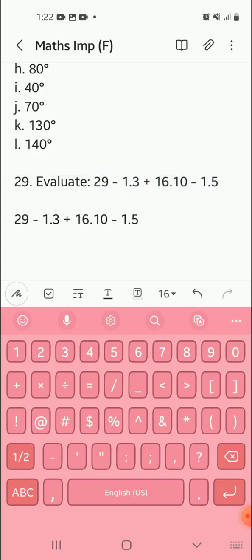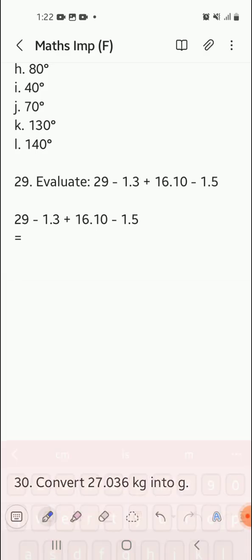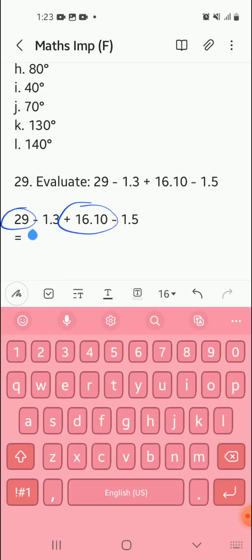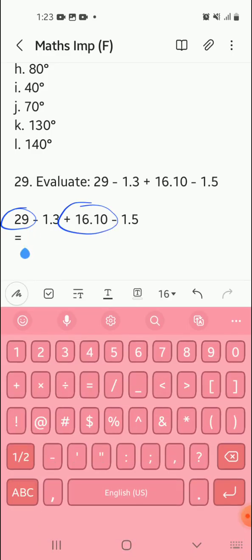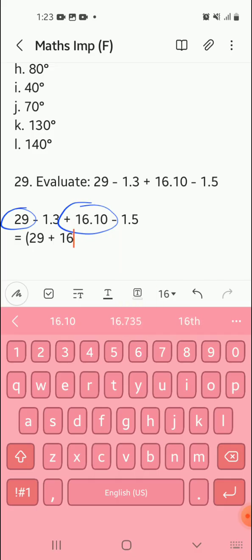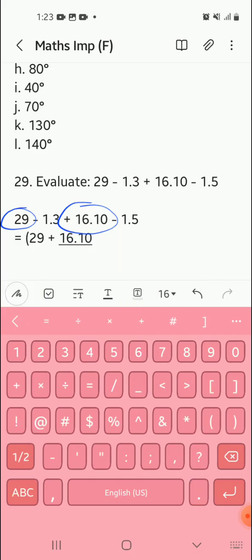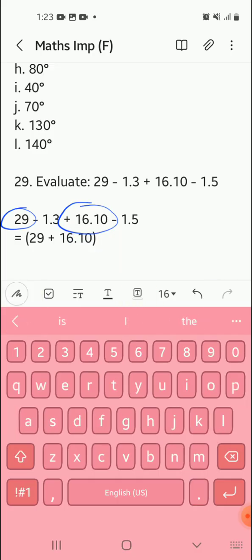Right, now we will add all the positive numbers. We have got two positive numbers, 29 and 16.10. These are the two positive numbers. So first we are going to add these two. So we will insert this into brackets, that is 29, and add this with 16.10. Whatever we are left with is my negative numbers.